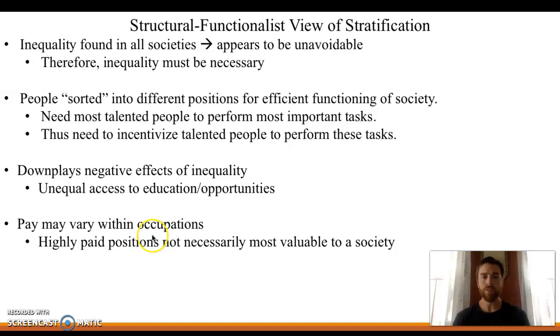Now, a structural functionalist is always going to argue that we are sorted in order for society to operate efficiently.